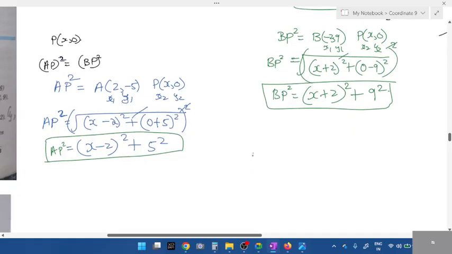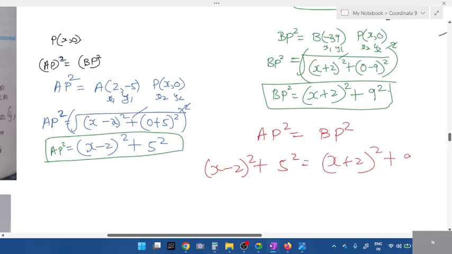Then once you find this, substitute, students. We need to substitute. AP square is equal to BP square. AP square value is x minus 2 the whole square plus 5 square. BP square is x plus 2 the whole square plus 9 square.